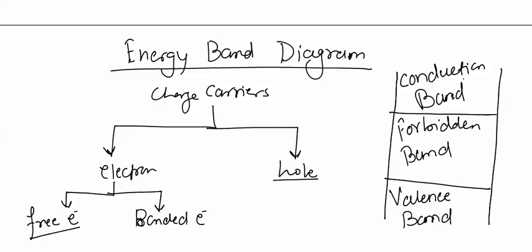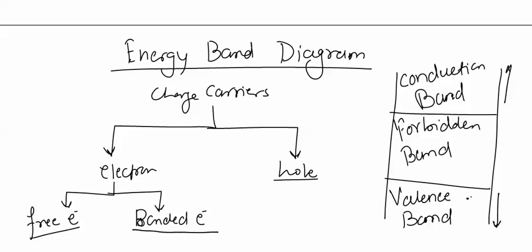Conduction band means higher energy levels, valence band means lower energy levels, and forbidden band separates these lower energy levels and higher energy levels. If an electron is bonded, means that cannot move, it is said to be present in valence band, means valence band represents energy of bonded electrons.